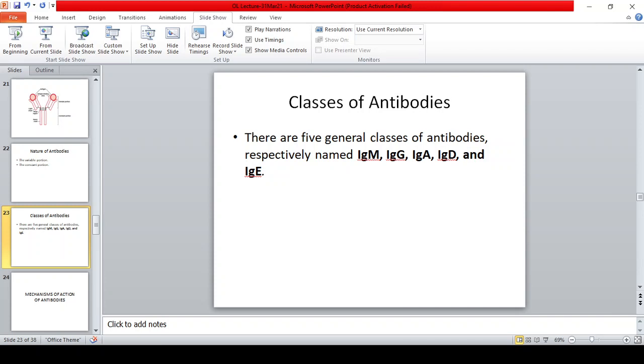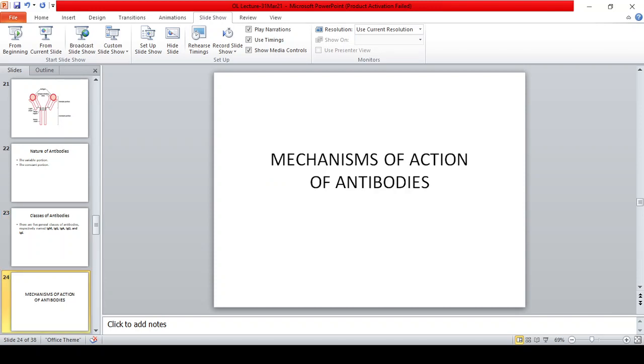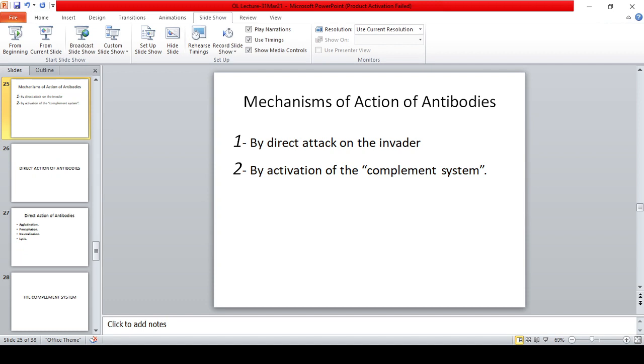Now, let's study the mechanism of action of antibodies. How do they act? How do they respond to the different antigens? So remember, basically, there are 2 main mechanisms of action of antibodies.